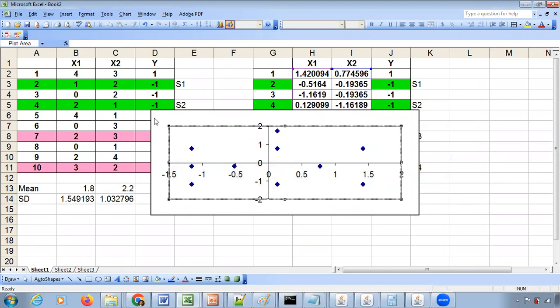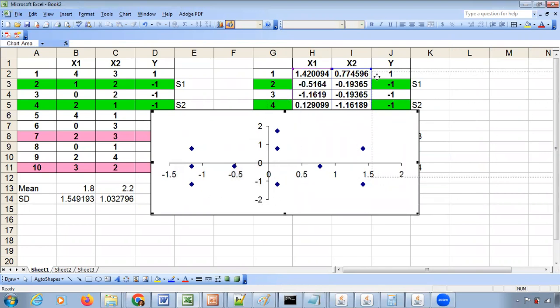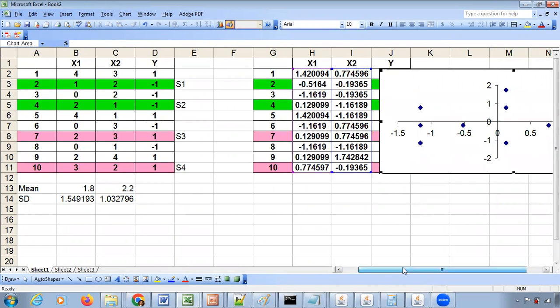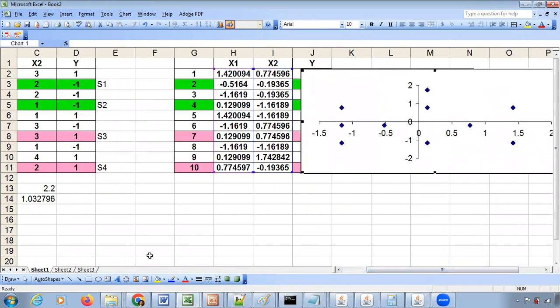So basically now we have this normalized coordinate system. And we have these two support vectors.